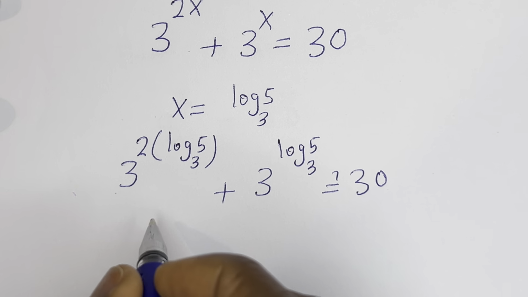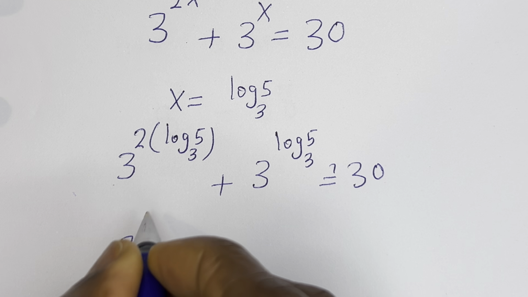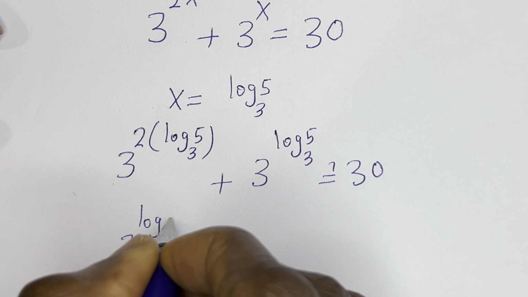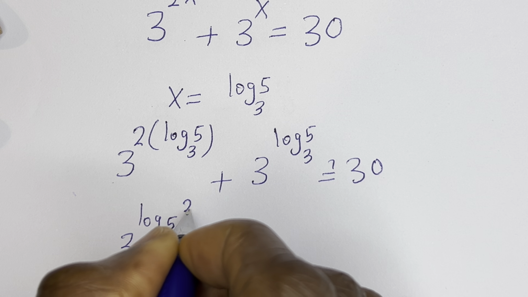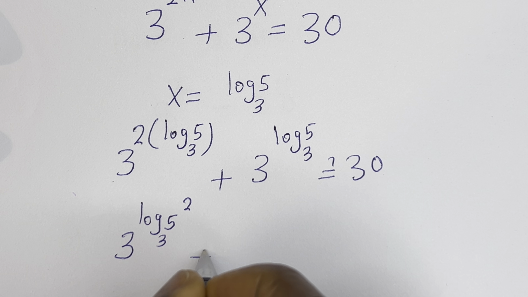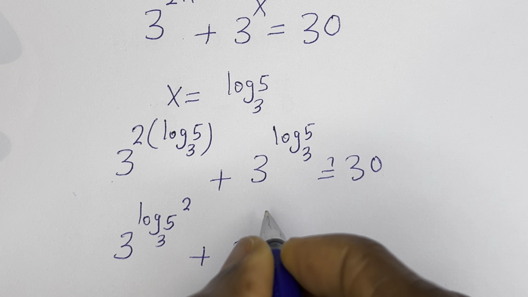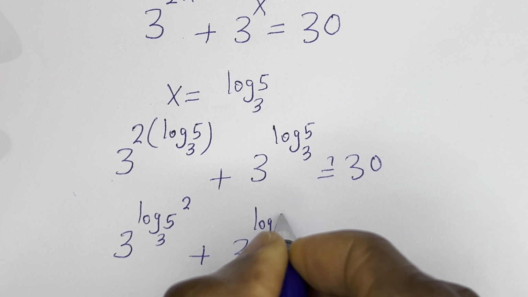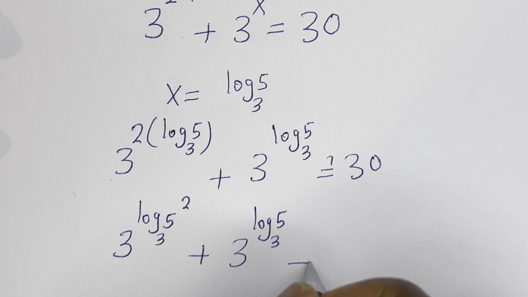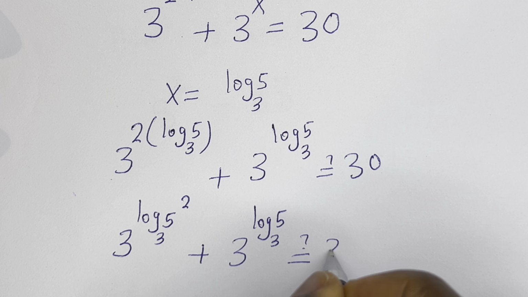Now this is 3 to the power of log 5 square base 3 according to the law of logarithm plus 3 to the power of log 5 base 3 must be equal to 30.